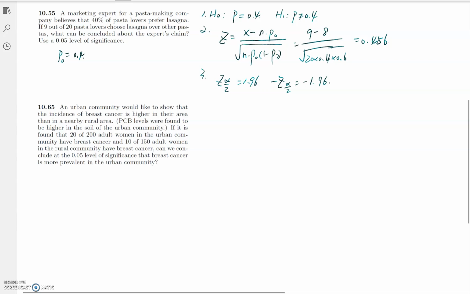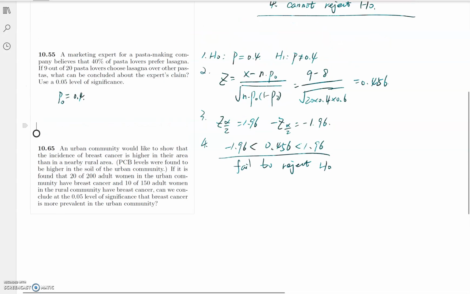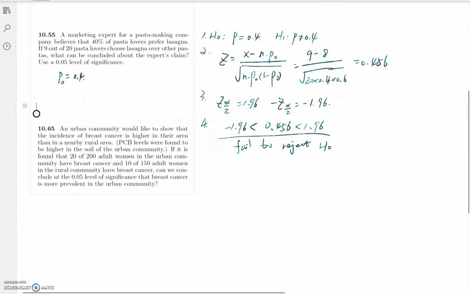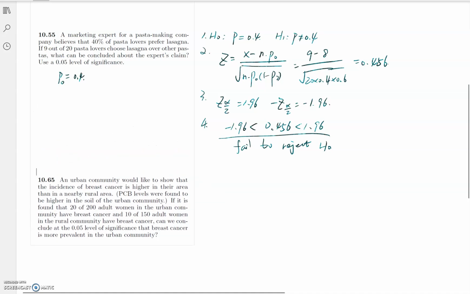Because minus 1.96 is less than 0.456, which is less than 1.96, we fail to reject H0. That's the way you should know to solve the one proportion problem. Then let's take a look at the third problem.